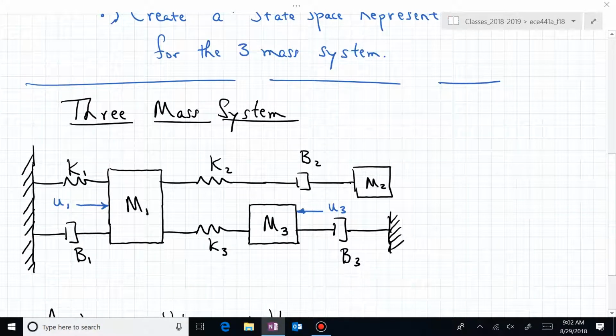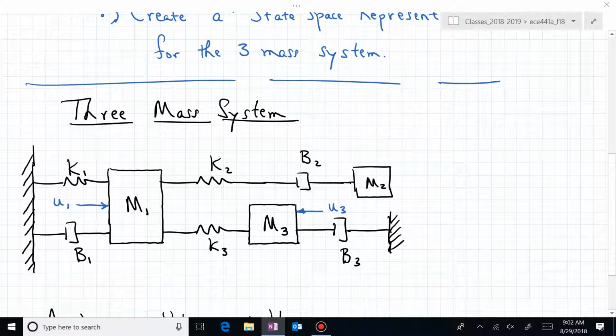Here's our 3-mass system that we will be working with today. Hopefully I've labeled the 3 masses, M sub 1, M sub 2, and M sub 3. Several springs to interconnect and several dash pots. We have 3 springs and 3 dash pots.